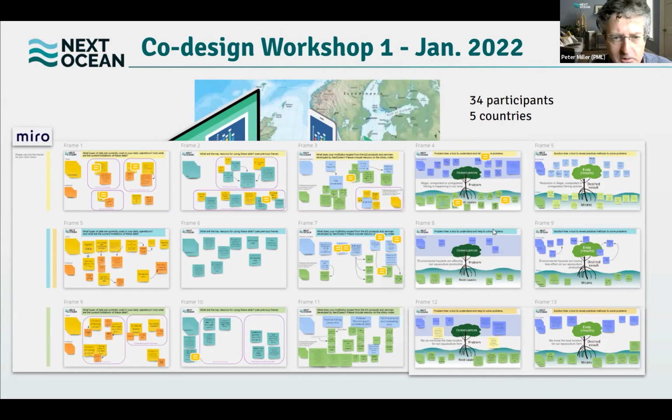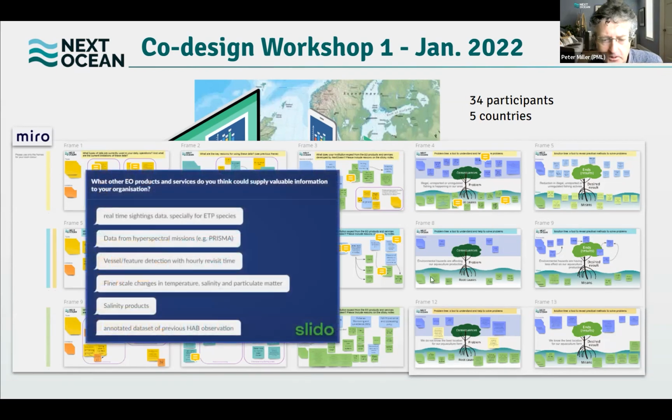So that was one tool we used. Another one we found very useful was Slido. There we could ask people questions and get their instant views on things if they hadn't been able to communicate those in the breakout groups.